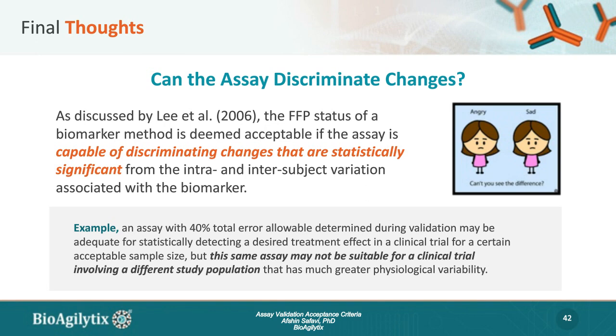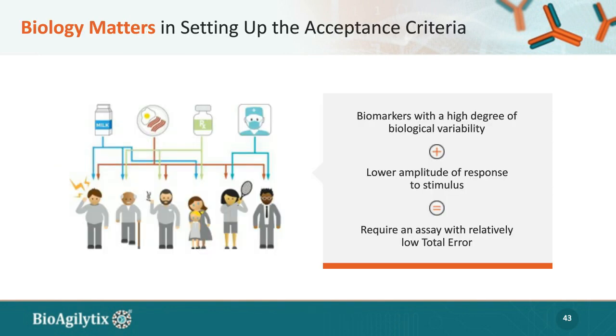So keep that in mind, and I hope you can see how I'm tying this back to the context of use. The second parameter is that biology matters. When you come up with your acceptance criteria, today we didn't have enough time to talk about acceptance criteria. For future webinars, I hope that I can include that and go into quite a bit of detail.